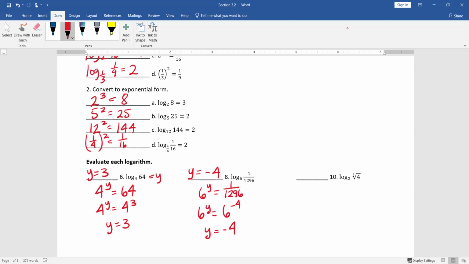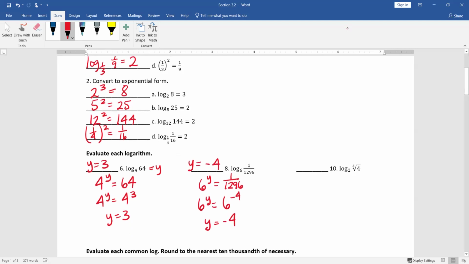All right, this last one takes a little bit of mental gymnastics. If we go back to chapter 1 in our review of exponents, we know that we have a base of 2 raised to some power, and that it equals, I'm going to rewrite the cube root of 4 as 4 to the power of 1/3. Remember, a fraction exponent means that it's some sort of radical.